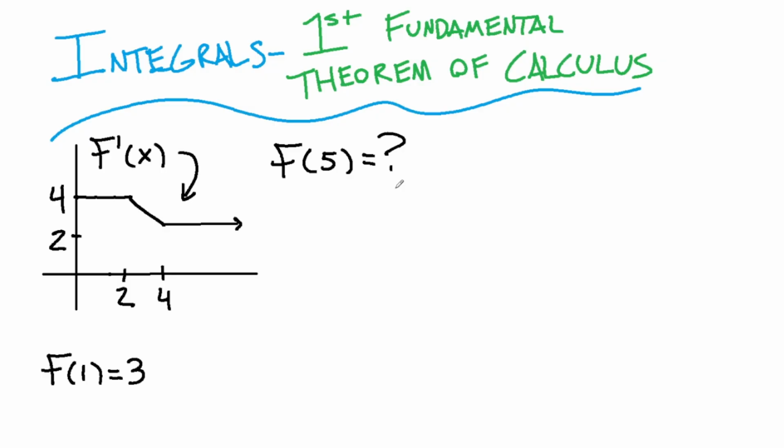Using what we know about integrals and the first fundamental theorem of calculus, we can figure this out. We know that an integral is the area under a curve, and this graph is our curve in this situation. So we're going to set up an integral from 1, because we know what f of 1 is, to the upper bound, which is 5, of f prime of x.